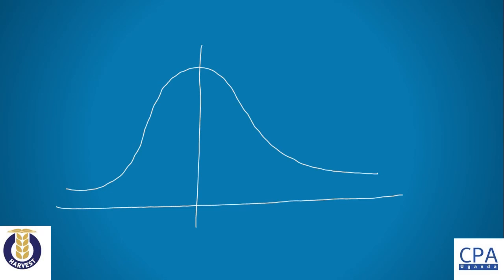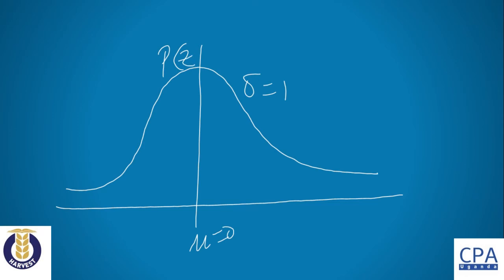So when we standardize our normal random variable, the x, it becomes a z. And as per the properties of the normal, the curve is symmetrical about the mean, so it means that the mean cuts the curve into 2 equal parts. The standard deviation is 1 for a standard z.